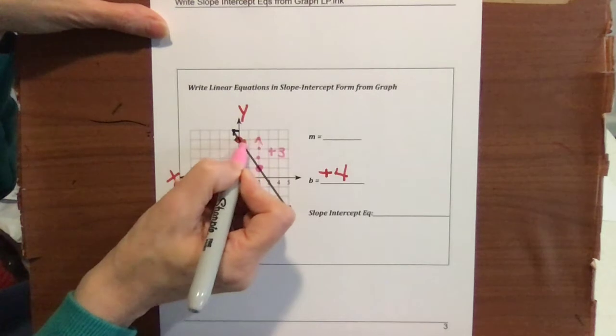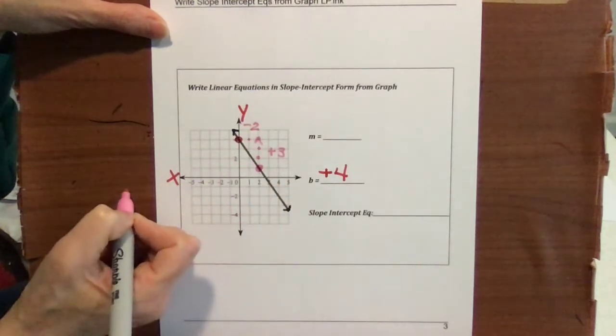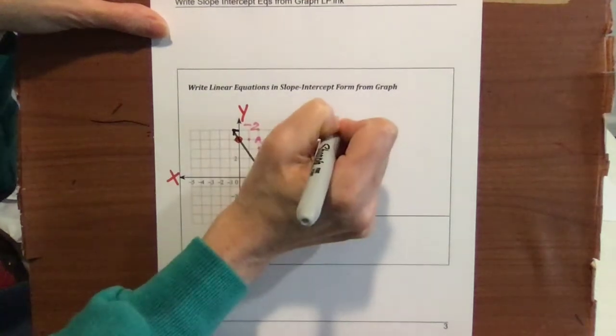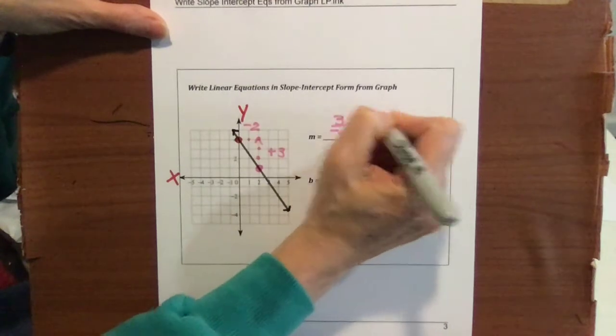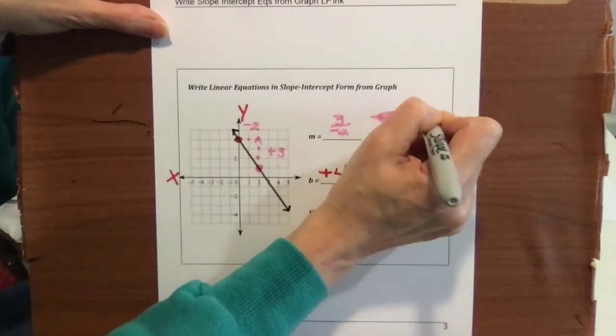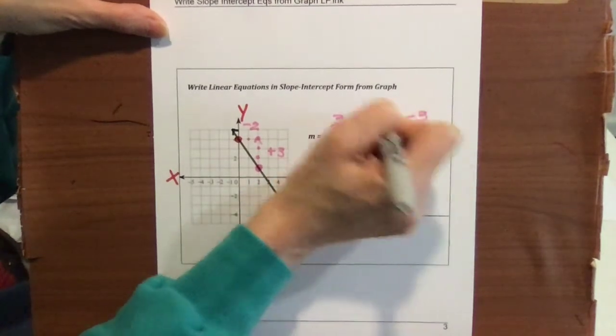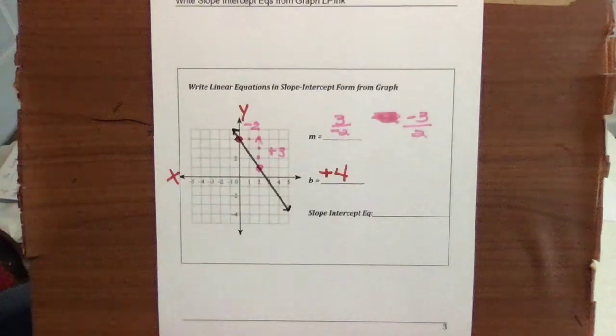And then I'm going to walk to the left 1, 2, which is a negative direction, so it's -2. So my slope is 3 over -2, or what we typically do is throw the negative sign in the numerator and keep the denominator. So we just write it as -3 over 2.